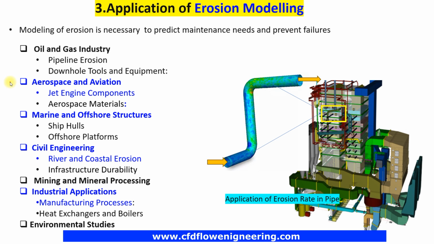Erosion modeling is also important in the aviation and aerospace industry to determine the erosion rate of jet engine components and selection of the right material for less maintenance and to prevent its failure.